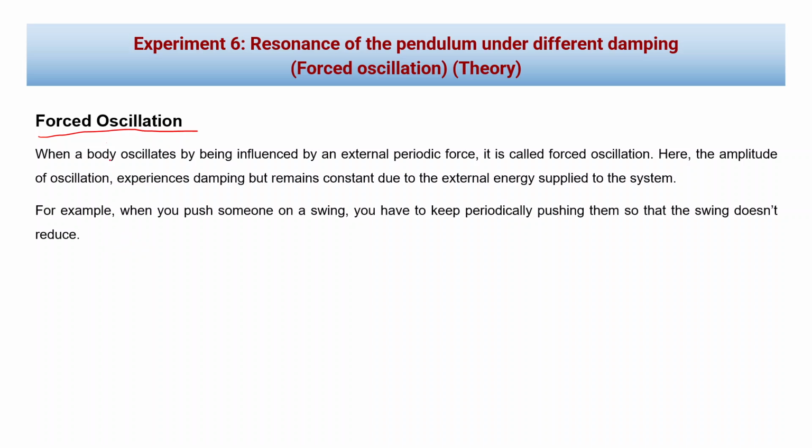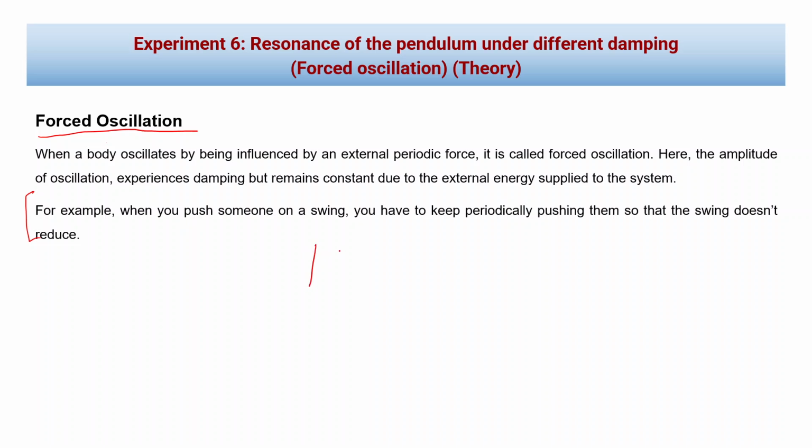This kind of oscillation we call forced oscillation, and because of the external periodic force that we are supplying, the body keeps on oscillating. Here the amplitude of oscillation experiences damping but remains constant due to external energy supplied to the system in the form of external periodic force. A good example to understand this is a person on a swing.